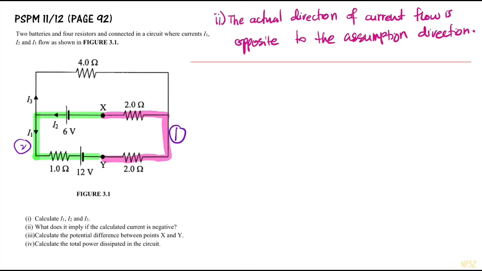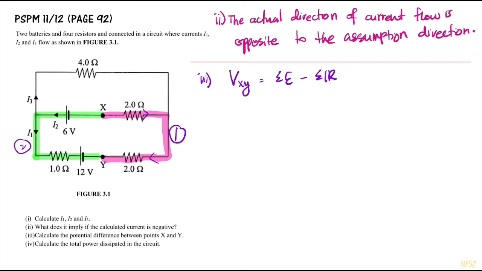Okay, katalah kita guna first loop. So for this one, nombor 3, potential difference V XY equal to summation EMF minus summation IR. Kita ikut yang kita punya assumption awal, tak payah tukar directions of current sebenar. Kalau kita nak pergi X nak pergi Y, macam ni.